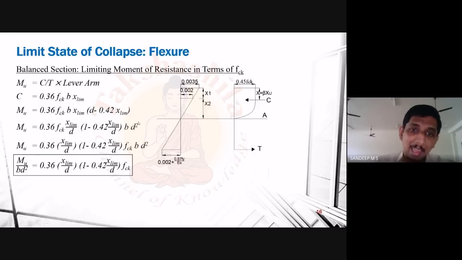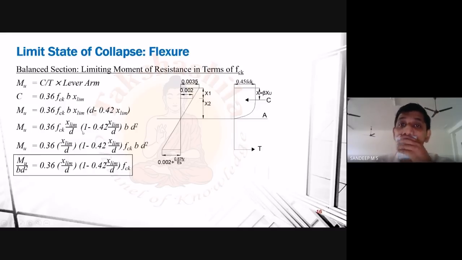Already I have a d, and in numerator and denominator I am multiplying another d, so that in the numerator I will get, as I have a b here, b into d square, and in the denominator also I will have a d. So what can be the reason for this? Why should I again multiply with a d? That is because I just want to express all the x limit in terms of d, x limit by d or xu by d.